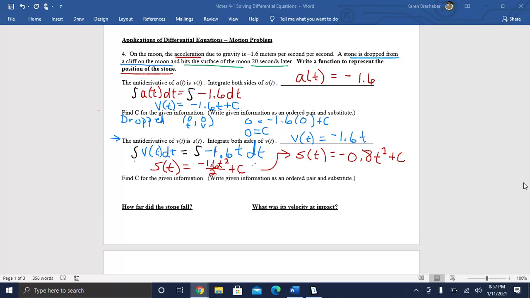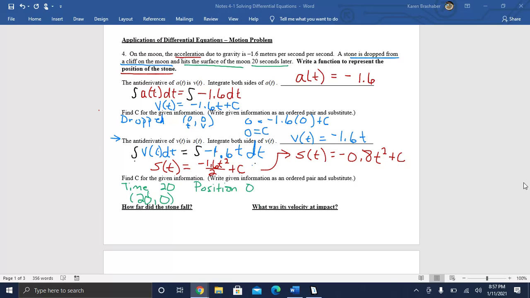So at time 20 seconds, the position is that it hit the surface of the moon, and that would be ground zero for the moon. So the position would be 0. So you have the ordered pair of time versus position at 20, 0. And so that's what we can substitute in.